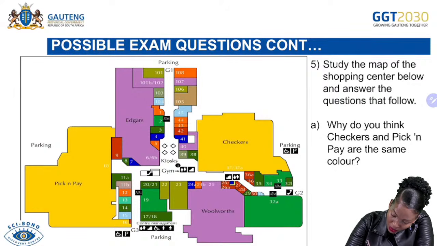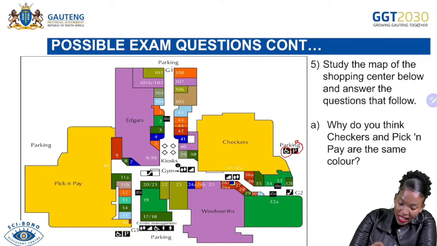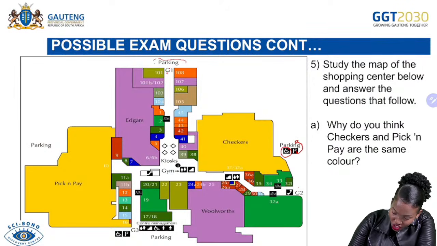If we see here, P means this is for parking. And when you see a wheelchair, it means that it's parking for disabled people. And then we've got G1. This is actually an entrance. And there's also parking here next to this entrance. We've got G2. G2 is also an entrance.